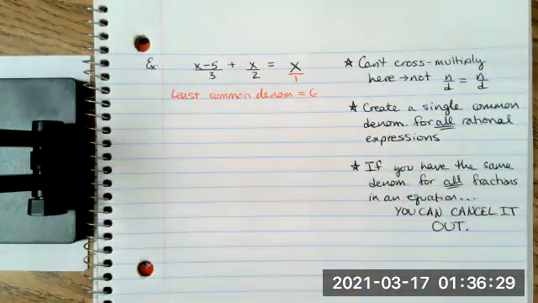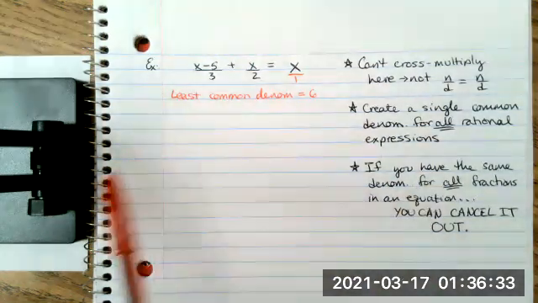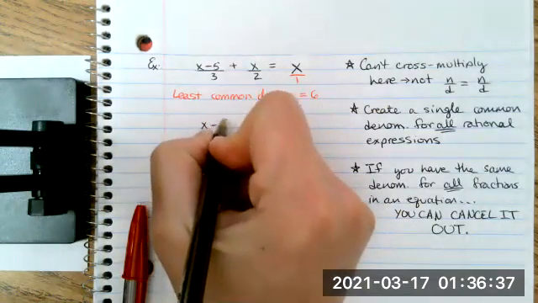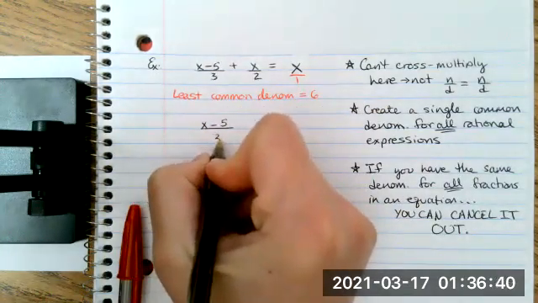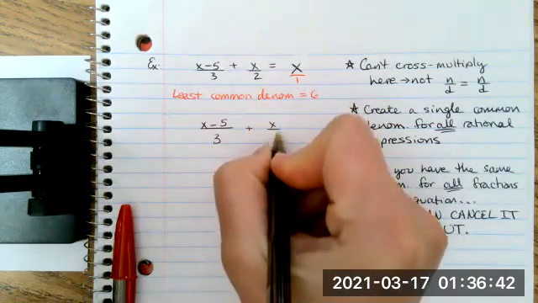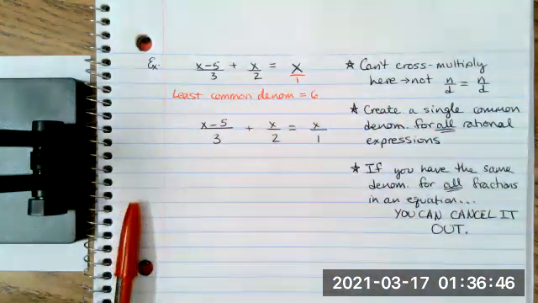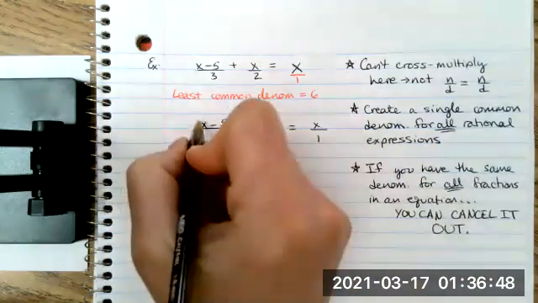And that's the lowest number that they will both multiply to. So I'm going to multiply in what 3 needs and what 2 needs and what 1 needs in order to become a 6.